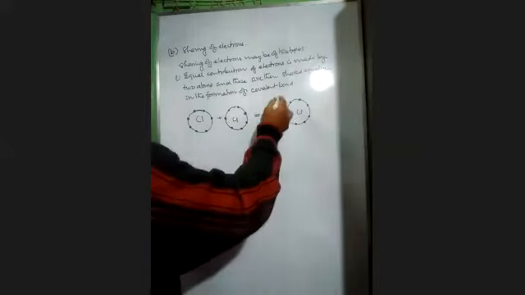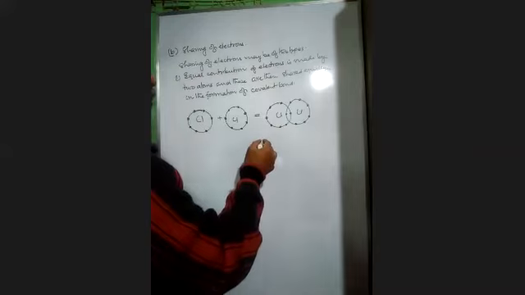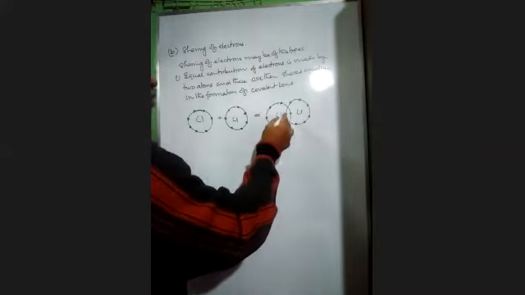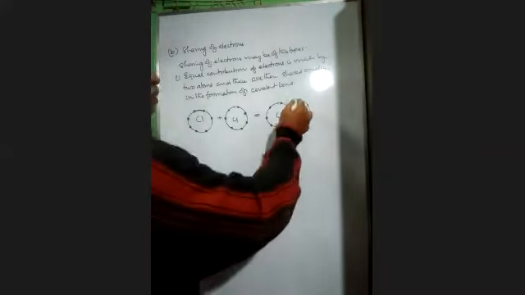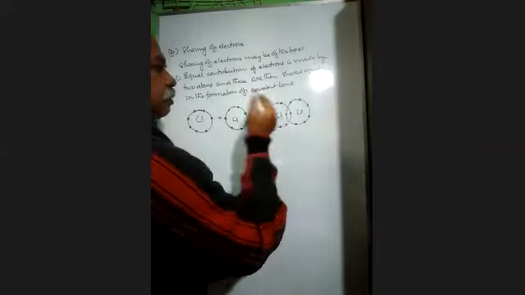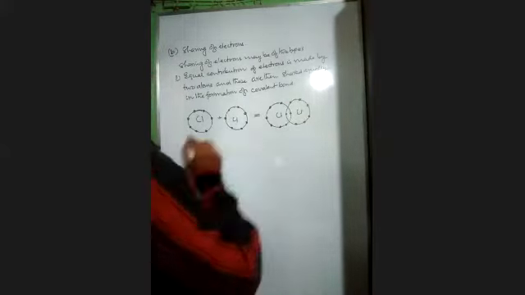In this case, they share. Now you count the number of electrons. 2 plus 2 plus 2, 6 plus 2, 8. And it is 2 plus 2 plus 2, 6 plus 2, 8. All right. So you get this one.